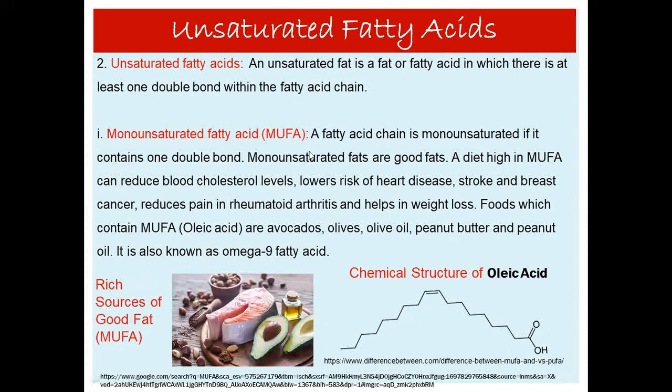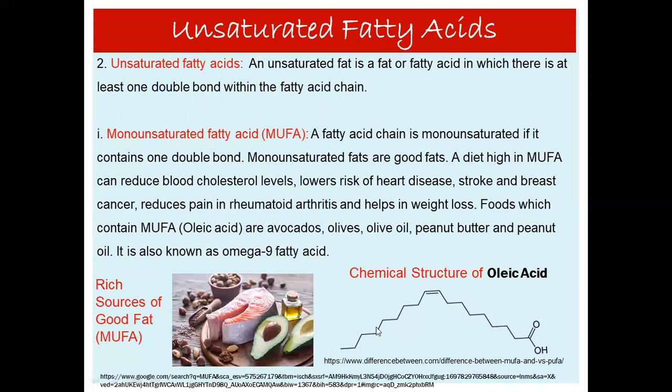Next, we'll see what are unsaturated fatty acids and the different types of unsaturated fatty acids. An unsaturated fat is a type of fat in which there is at least one double bond within the fatty acid chain. So in unsaturated fatty acids, you can see the presence of a double bond in the fatty acid chain.